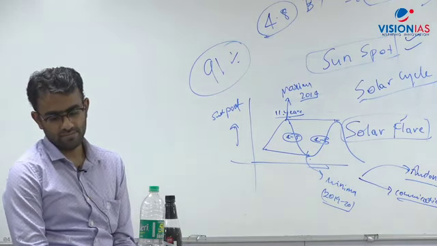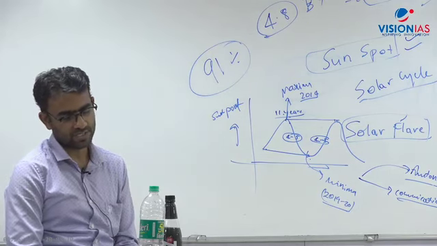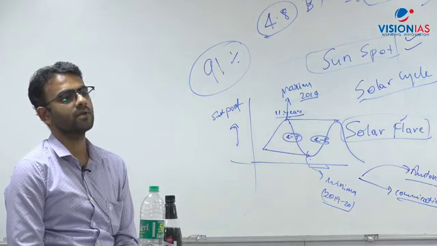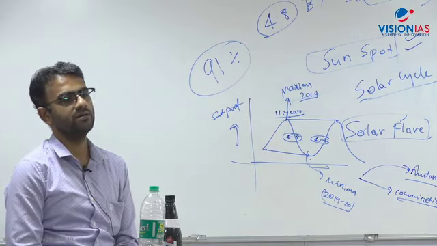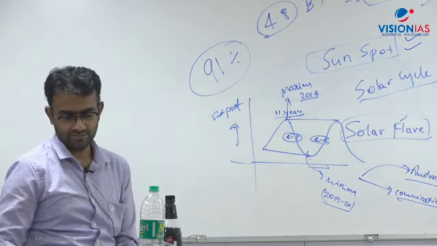Solar maxima is the time when a high number of sunspots are visible, and solar minima is when there are the least number of sunspots.